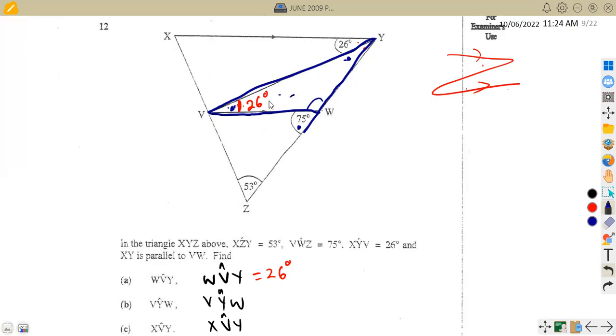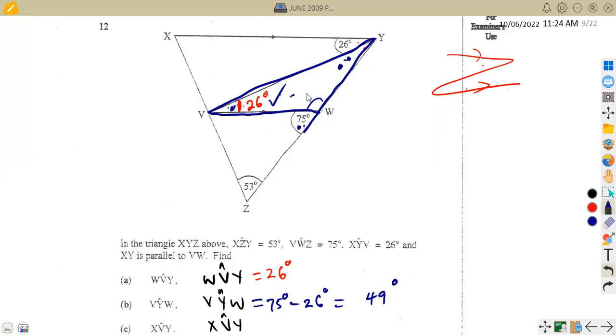So if we add this 26 and this angle that we are supposed to calculate, VYW, we must obtain 75. So VYW is simply 75 degrees minus 26 degrees. So you simply have to subtract, which is going to give us something like 49 degrees.